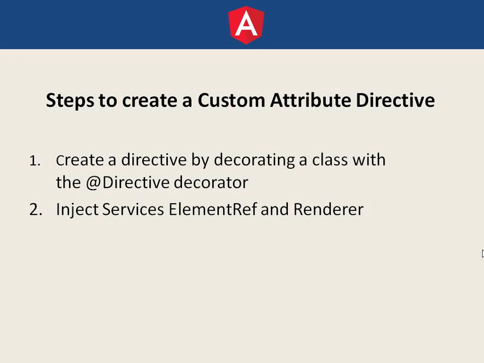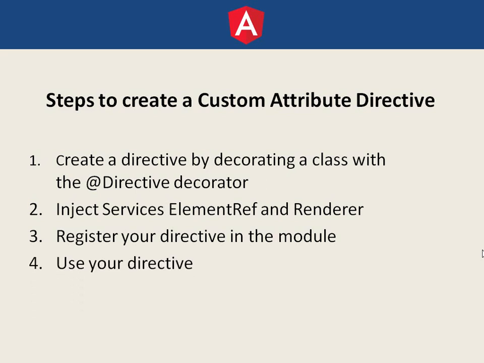In this step, we inject two services of Angular. Services is a vast concept of Angular, so we'll not go into the details of what services are. But let's understand that whenever we need to create a custom directive, we need to inject these two services called ElementRef and Renderer. In the third step, we need to register our directive in the module, and step 4 is to use the directive on the element which we are creating the directive for.